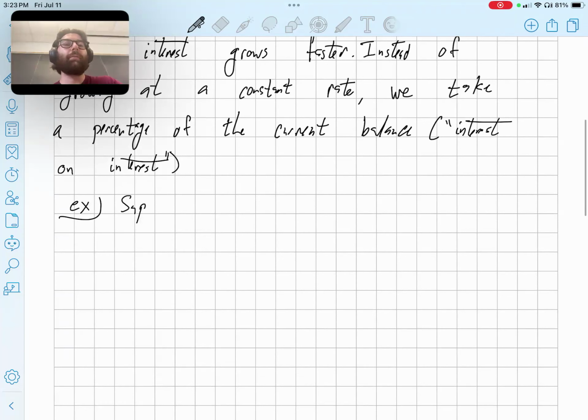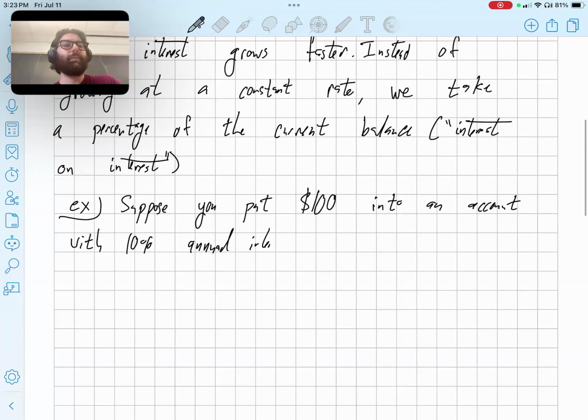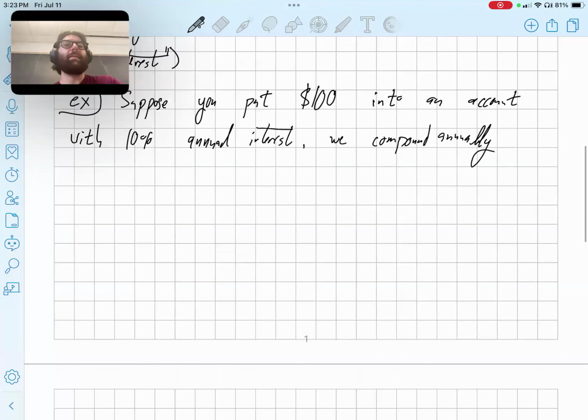So suppose you put $100 into an account with 10% annual interest. And suppose we compound annually. What does this mean? This means after year 0, the balance is $100.